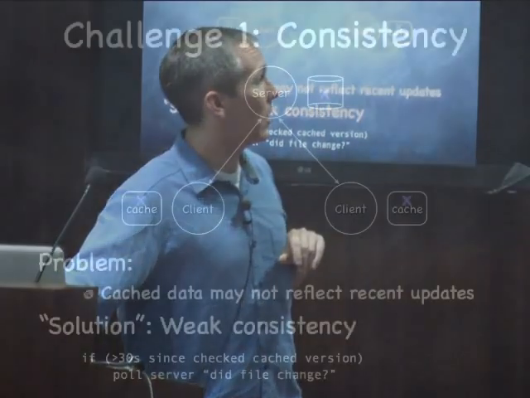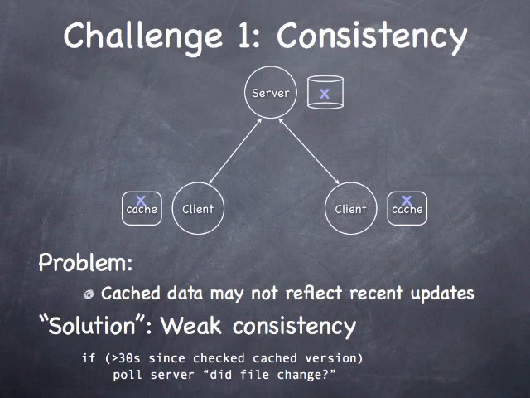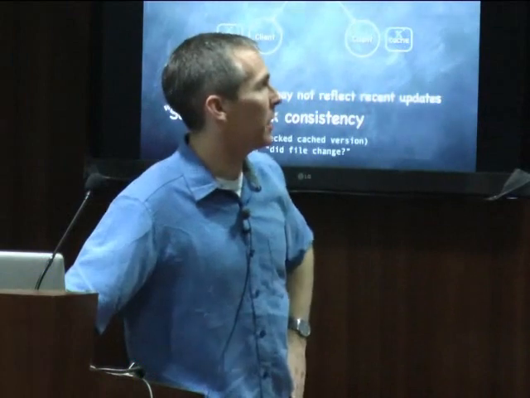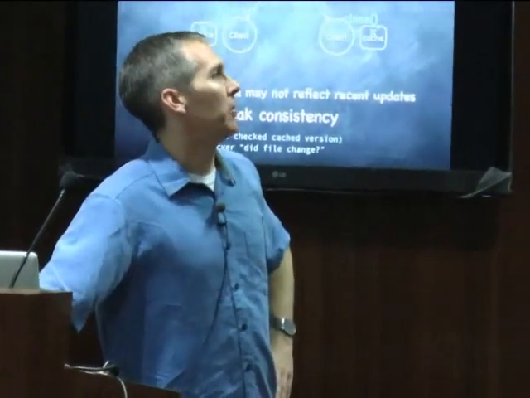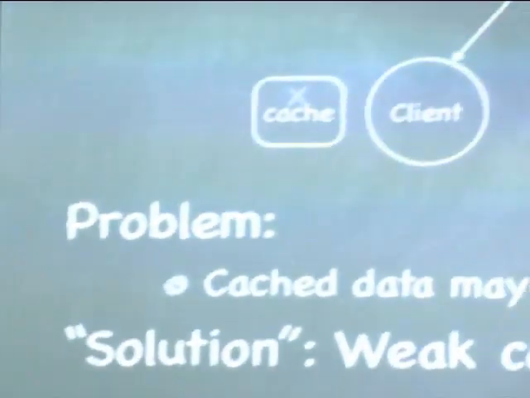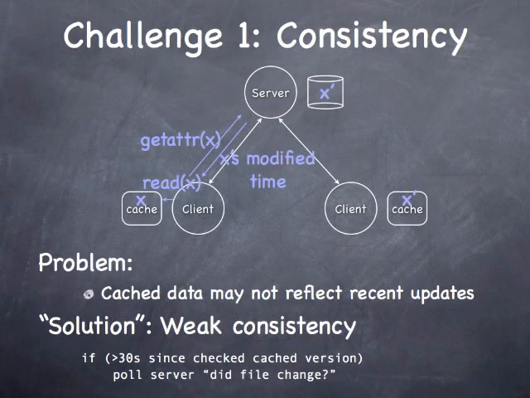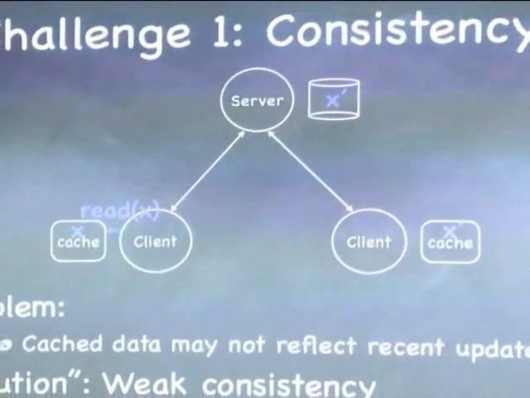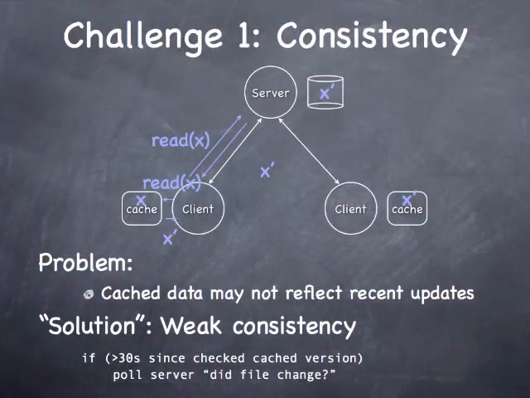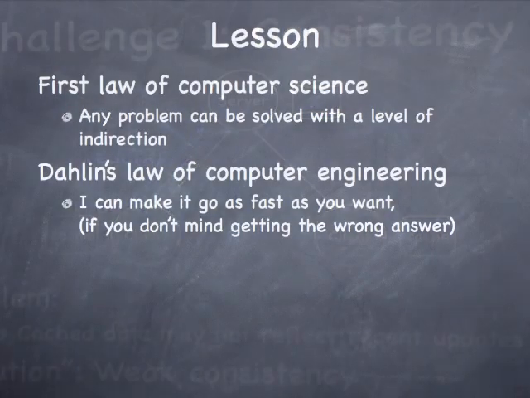But eventually, if some other client writes the data, I'm still, of course, reading the old version even though it's been updated. They'll close the file, send it back to the server, and I'll still read the old version because my time hasn't gone, but eventually I'll do the get attribute request, find out that the file has changed, and at that point read the new version, update the new version in my cache.